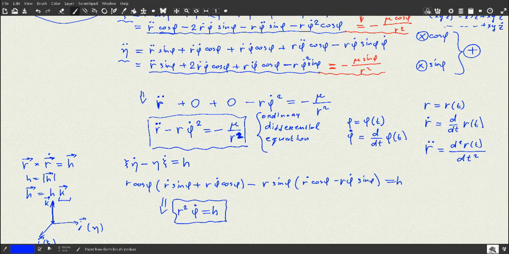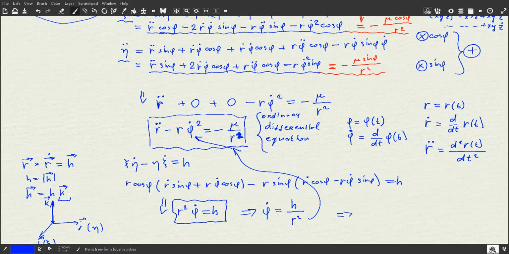And if r squared phi dot equals h, what we can do, you see we have phi dot in the first equation. Again, we don't know what phi of t is as a function. Later on we'll see. But we do know that r and phi are functions of time, and r squared phi dot equals h. So we can express phi dot equals h over r squared. And now substitute this into the first equation where there is a phi dot.